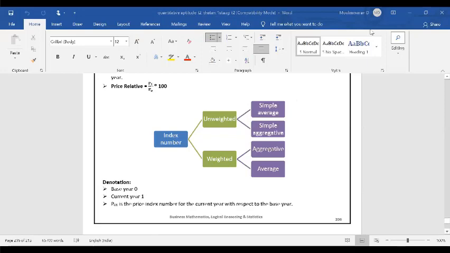So P01, guys, this is where you get confused. Read this point. I'm giving you time. Read this point clearly and try to understand the meaning. P01 means what?